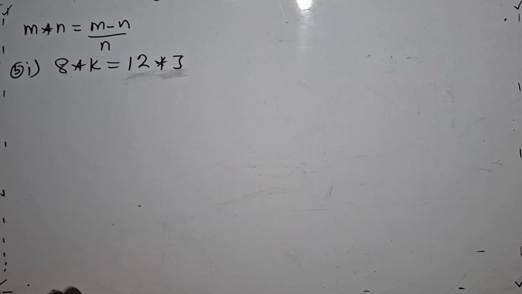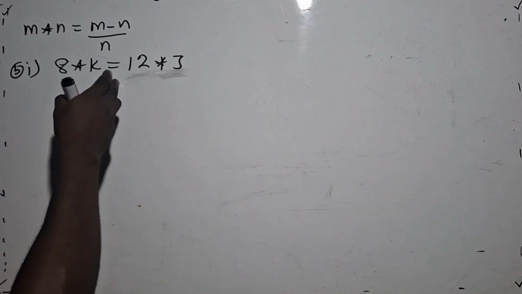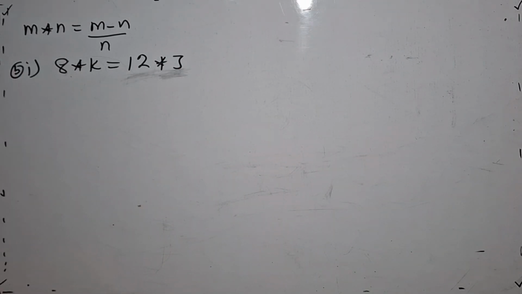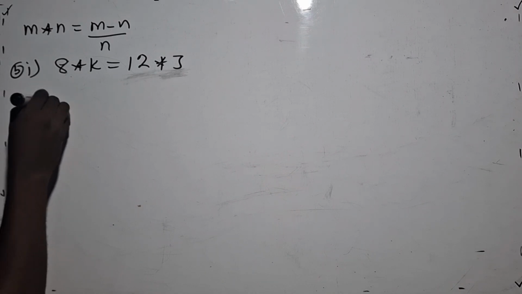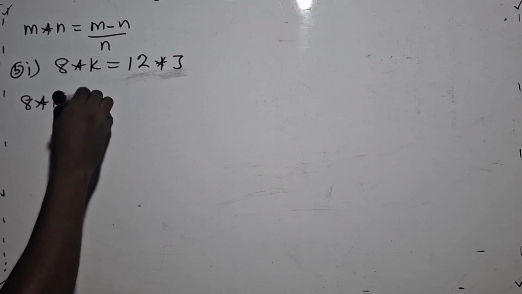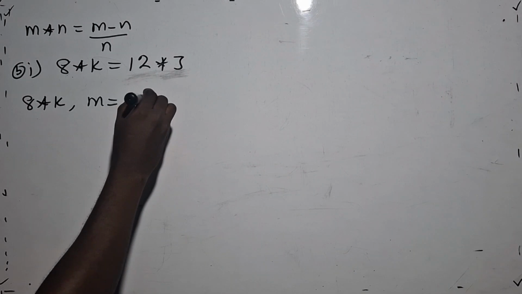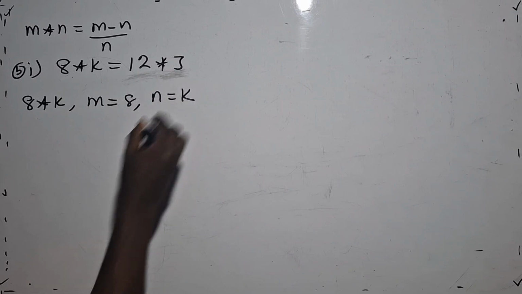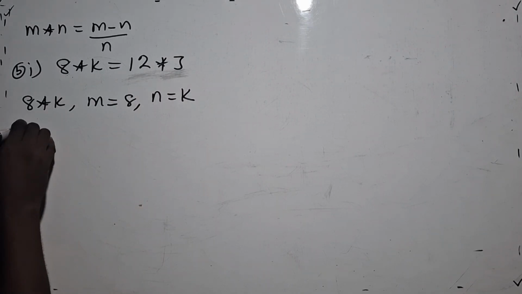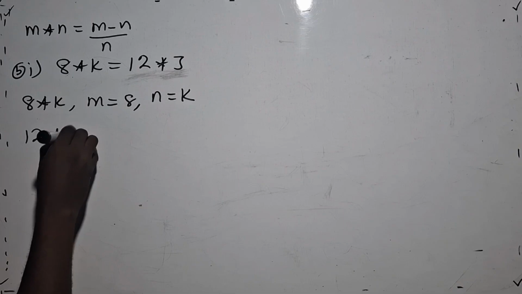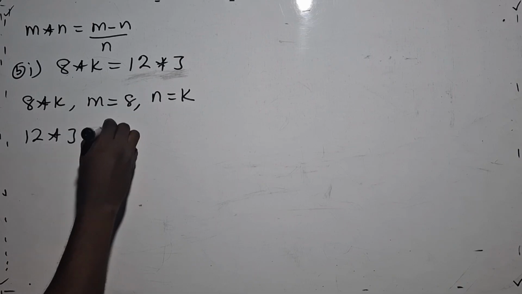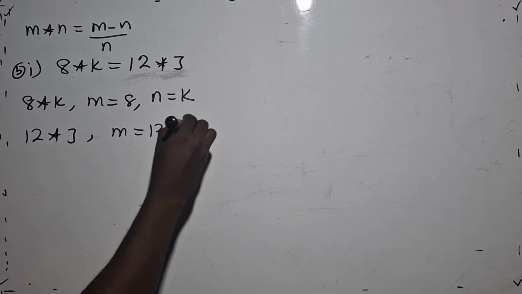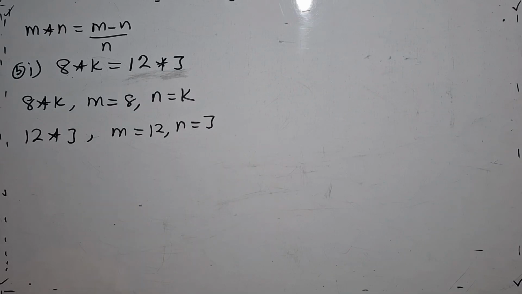Because of the equal sign, we are going to solve them together. So when you take the first one, 8 operation K, the M is 8, then the N is equal to K. And when you take the second operation, 12 operation 3, the M is 12 and the N is 3.